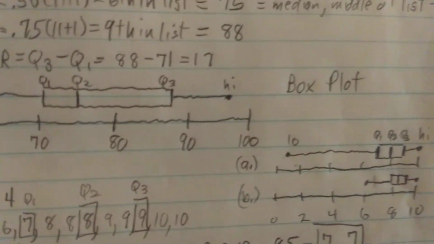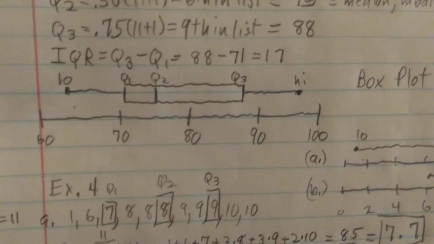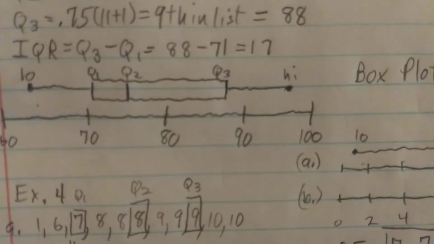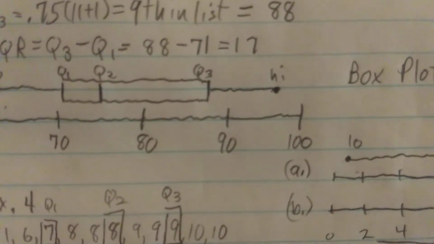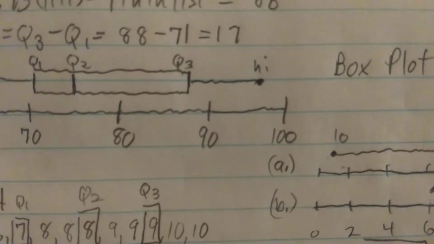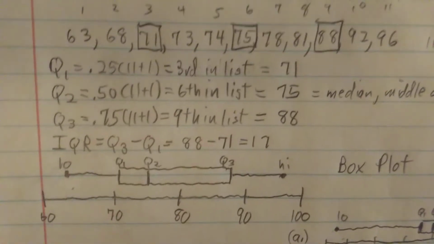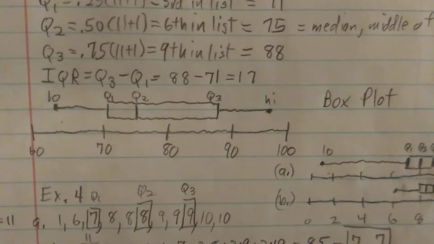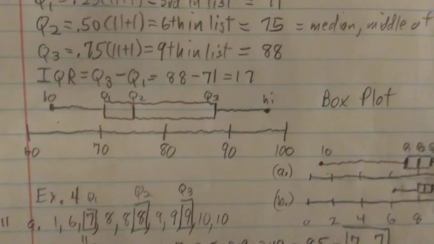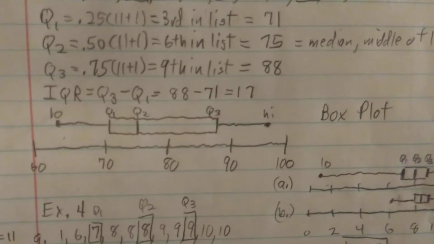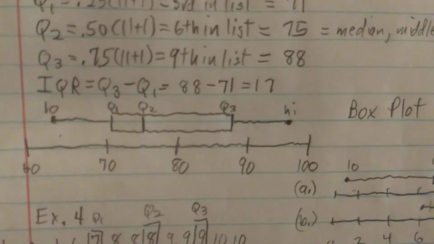Now we're going to draw a box plot, which includes the 5-number summary, which is the lowest number, the Q1, the Q2, the Q3, and the highest number. So seeing that our lowest number was 63, that's what I had the tail out for. And we saw that our Q1 was 71, that's where the box starts at Q1.